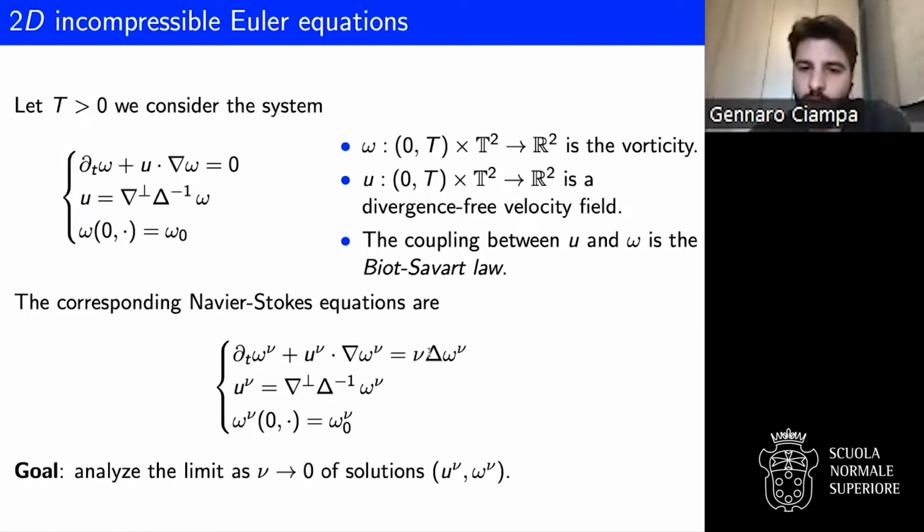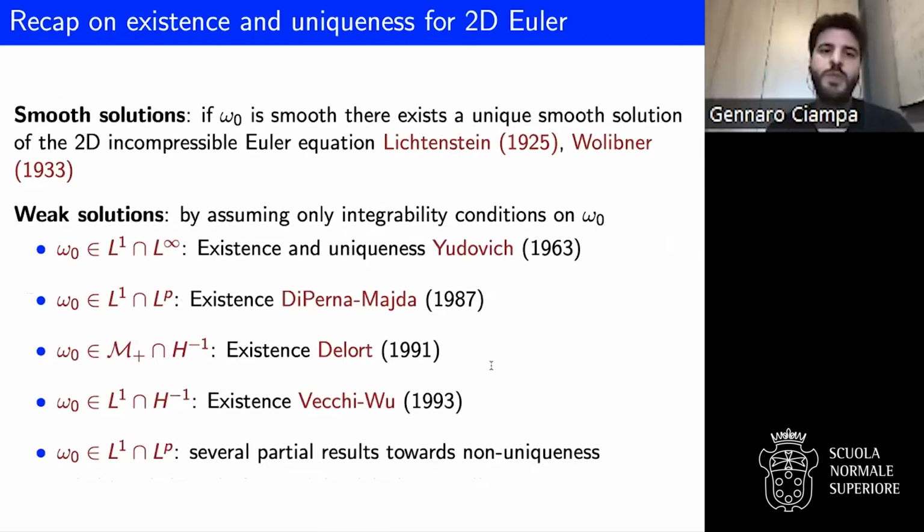So basically on the right hand side you have a diffusion, and nu will be for us the viscosity of the fluid, and we want to understand the behavior, as the viscosity goes to 0, of the solution of the Navier-Stokes equation.